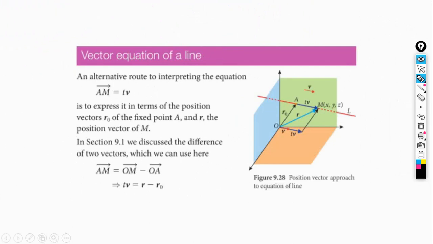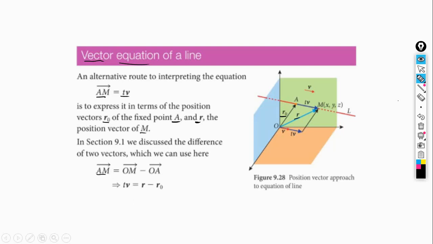So now let's take a look at a vector equation of a line. An alternative route to interpreting the equation vector AM is equal to t times v is to express it in terms of the position vectors r sub 0 of the fixed point A, which we can see here, and r, the position vector of M, which we can see here. In section 9.1, we discussed the difference of two vectors, which we can use here.